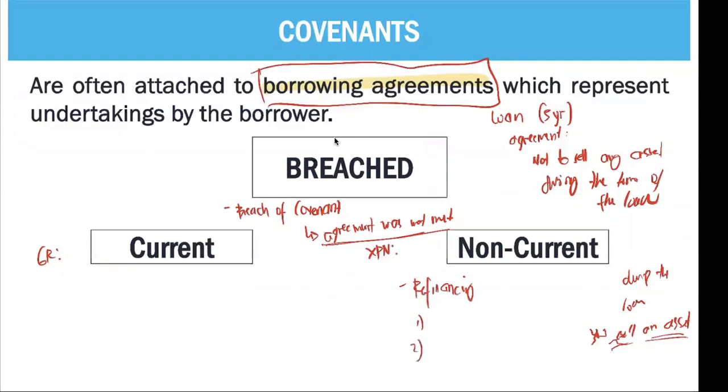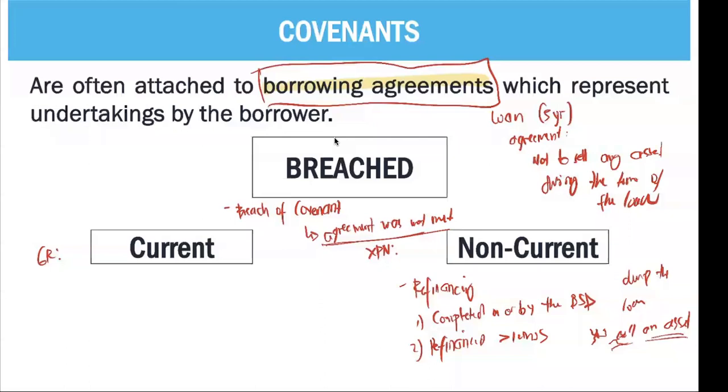When is there a valid refinancing again? If it is completed on or before the balance sheet date and it is refinanced for more than 12 months, as we have discussed a while back in the previous slide.